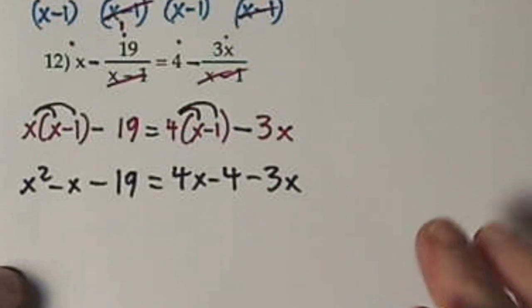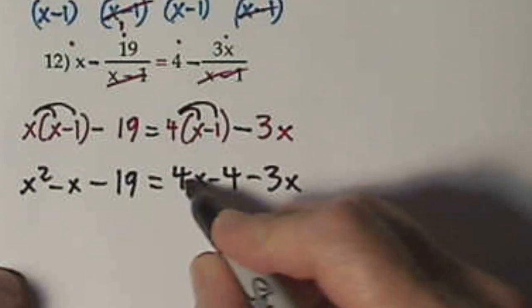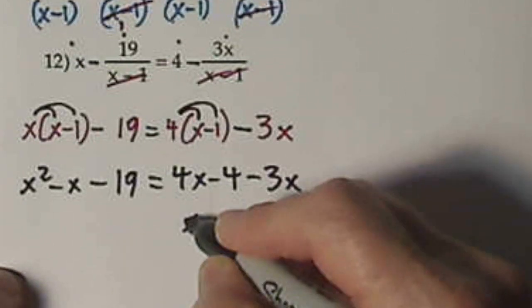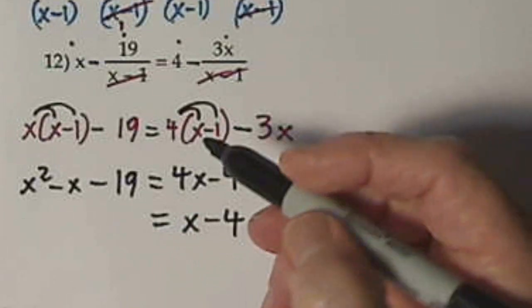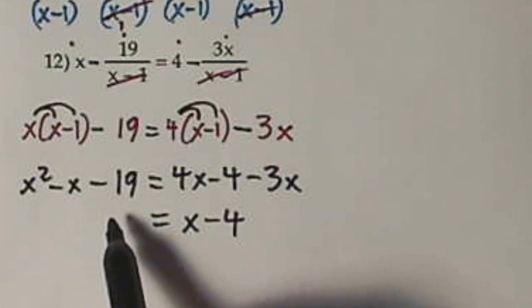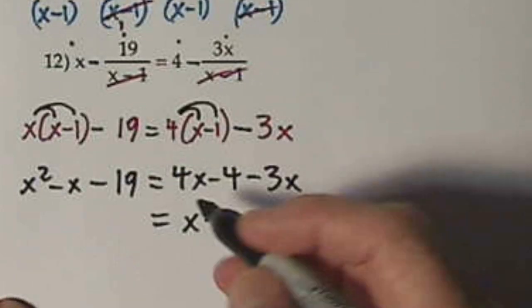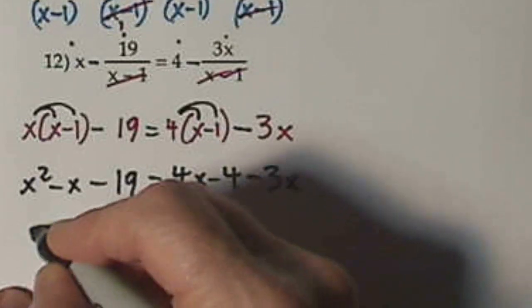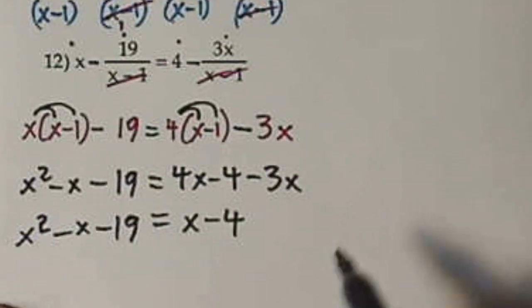Let's combine like terms. So on this side we would have 4x minus 3x, x minus 4. Over here I can't factor; in that form it's not factorable, but we're not quite finished. So let's just bring that down. x squared minus x minus 19.